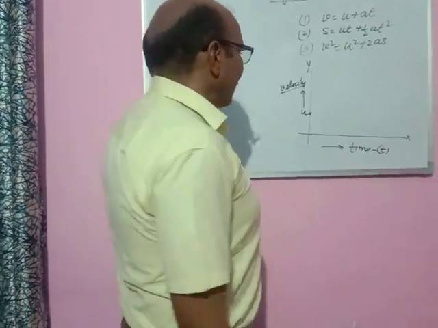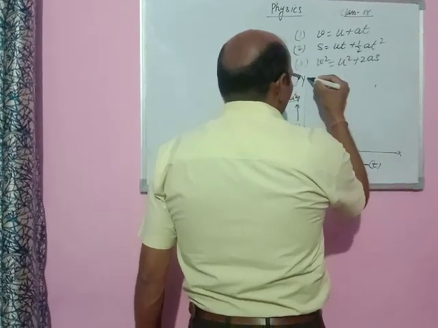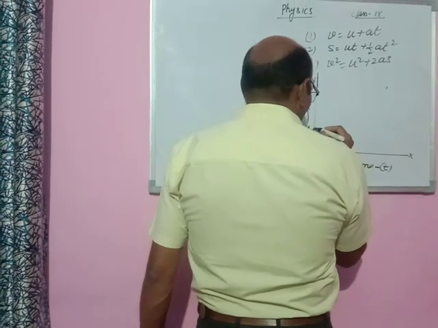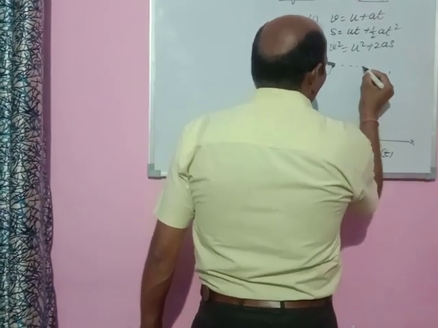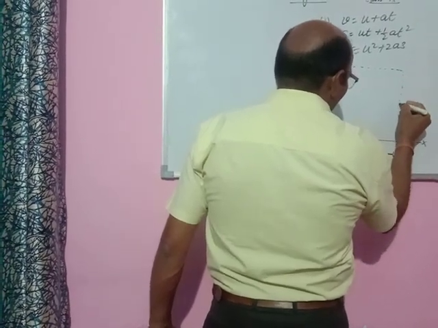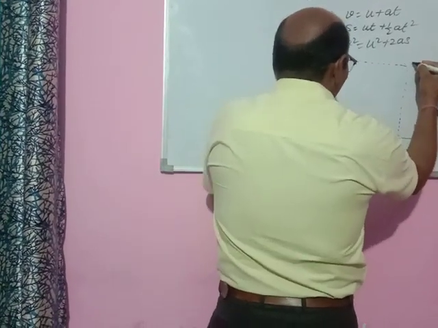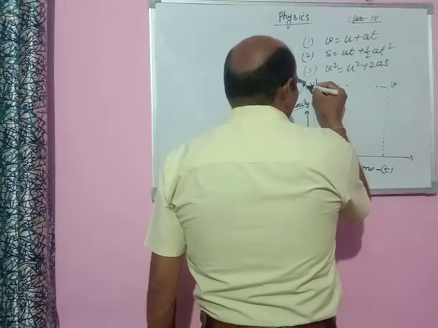After time t, let its velocity increase to v. Suppose this is v. At this point time is t, and at time t equal to 0 the initial velocity was u, and now at time t the velocity is v.